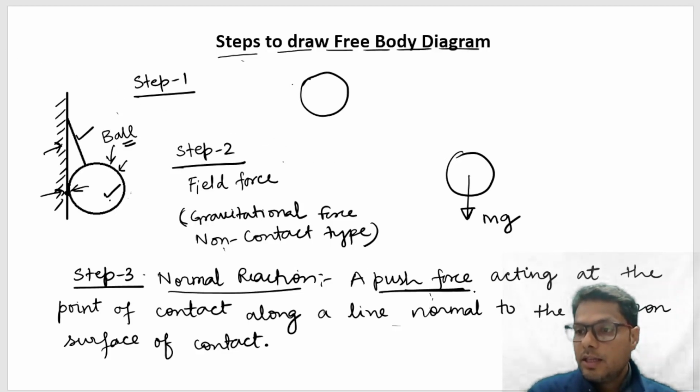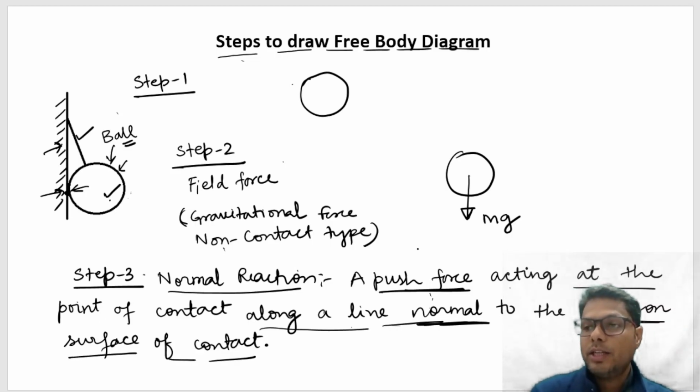The thing is, a push force acting at the point of contact along a line. Along which line? Along a line normal to the common surface of contact. What is the common surface of contact? Whenever two bodies make contact, there will be a common surface of contact. Here this is the surface of the ball, and this is the surface of the wall.